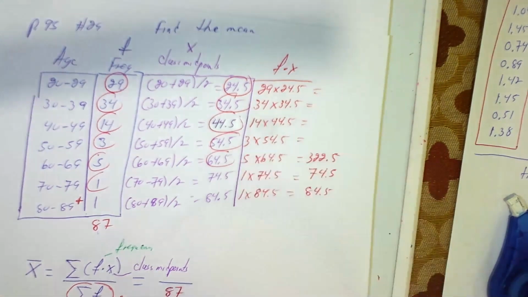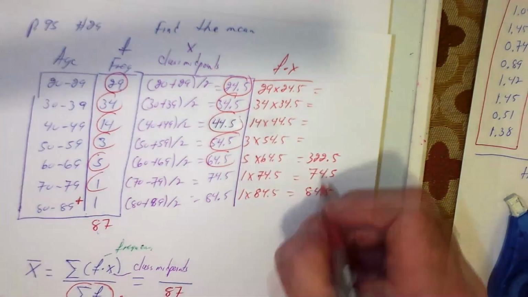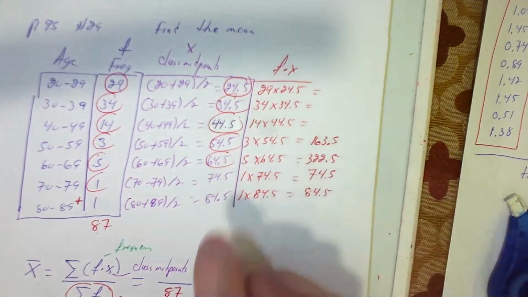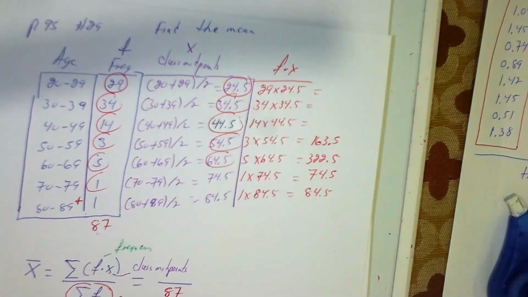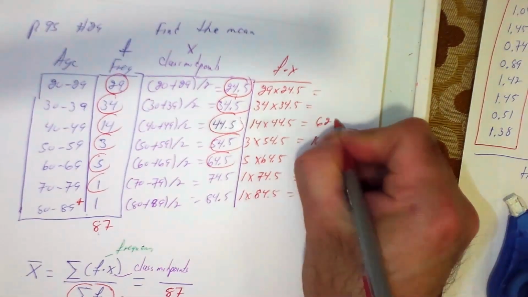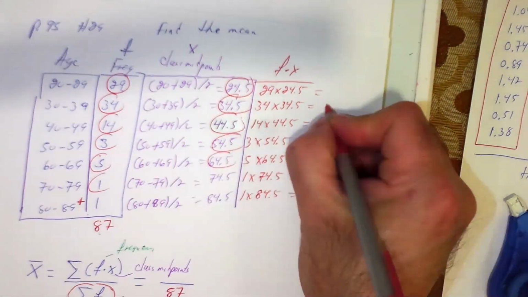Next one, 3 times 54.5, 163. 14 times 44.5, 623. 34 times 34.5, 1173.